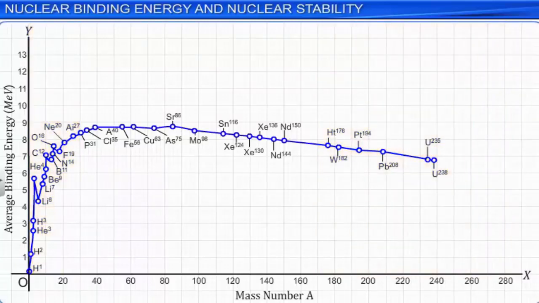To produce a binding energy of a few MeV per nucleon, the force between the nucleons should be attractive and sufficiently strong. The constancy of the binding energy in the range where mass number A varies from 30 to 170 shows that the nuclear forces are short-ranged.